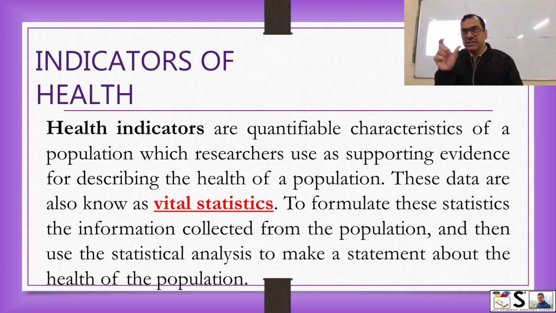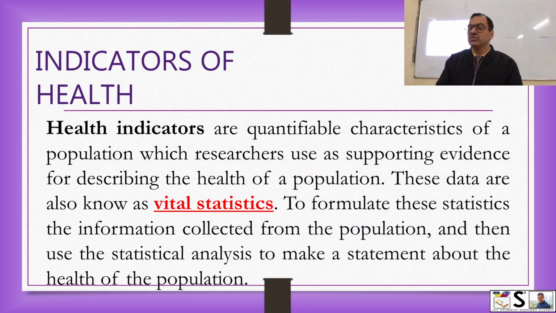So that is also data or information, and this also shows the indicator sometimes. So these data are also known as vital statistics. Sometimes we use these as vital statistics and sometimes we say it is health indicator.